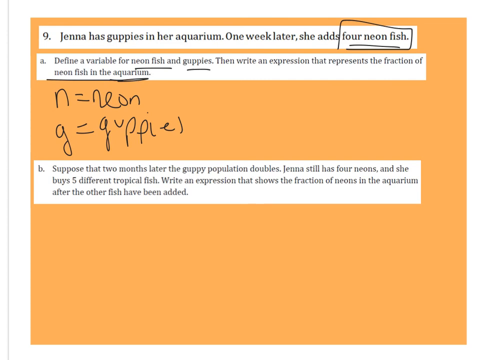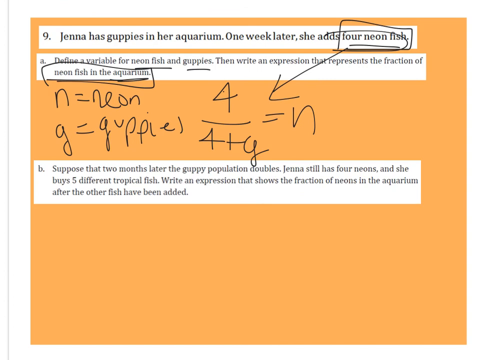So the number of neon fish is going to be 4 divided by 4 plus g. All right, that's going to give me the neon fish. That's the fraction. She added 4 neon fish, so 4 over 4 plus g.